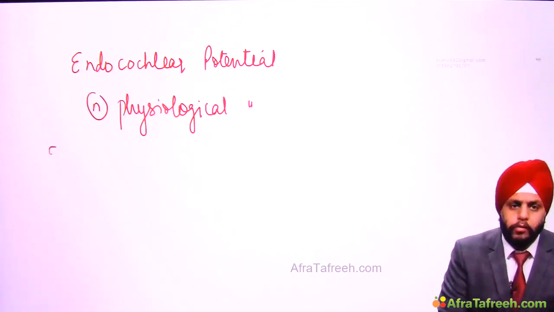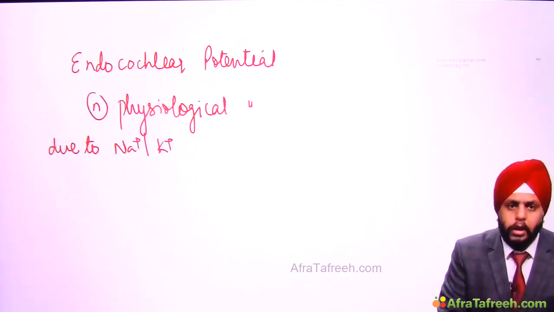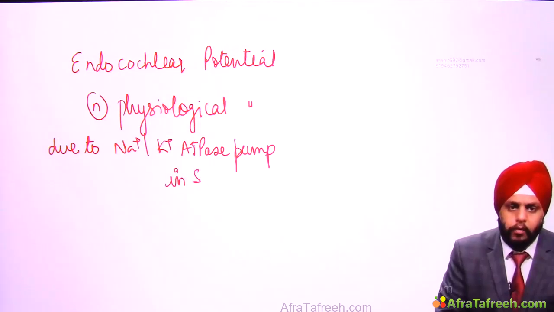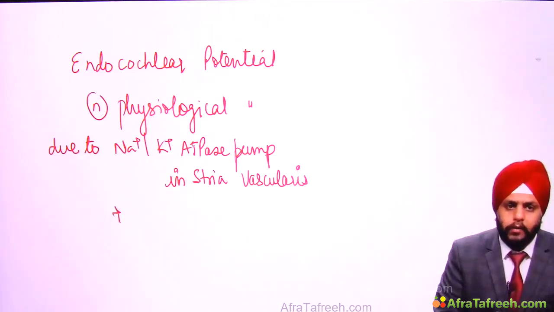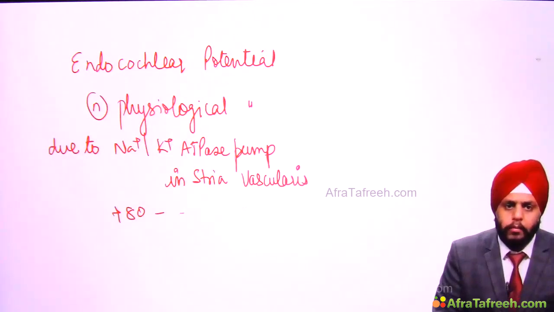It is produced due to the sodium potassium ATPase pump in stria vascularis. Okay, sodium potassium ATPase pump in stria vascularis. Right? What is the potential? It is plus 80 to plus 85 millivolt.